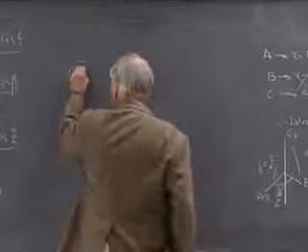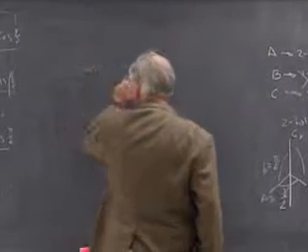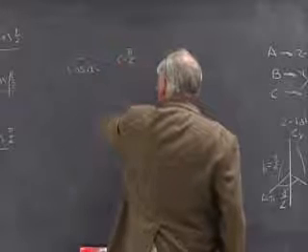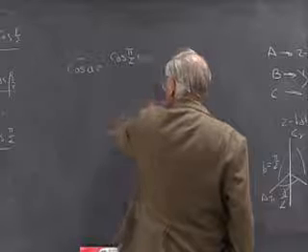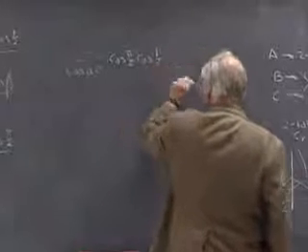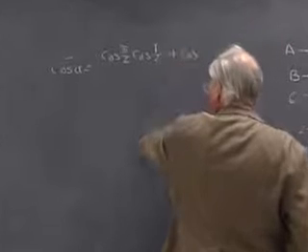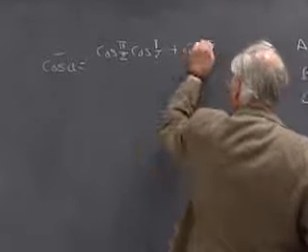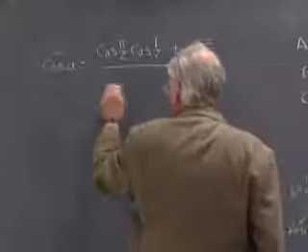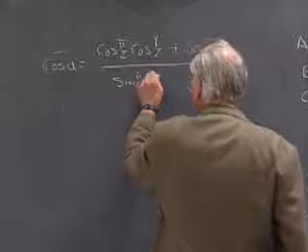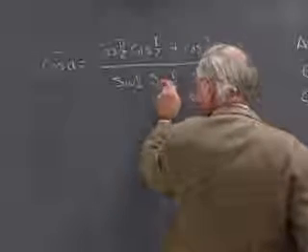Okay, cosine of A should be equal to the cosine of beta over 2, that's pi over 2, times the cosine of gamma over 2, whatever it is, plus the cosine of beta over 2, and that's cosine of pi over 2, over sine pi over 2, sine of gamma over 2.